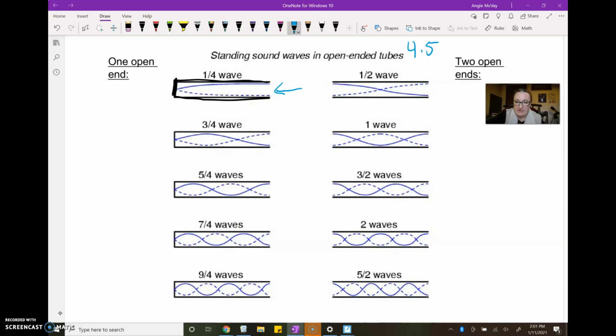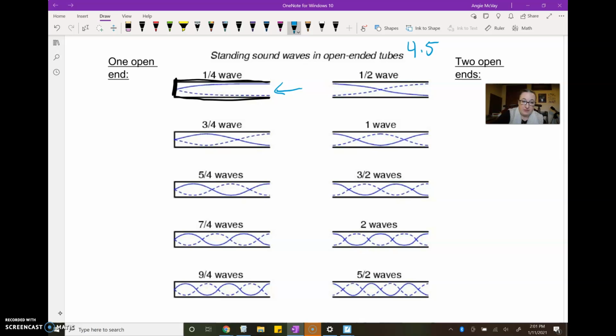Those will fit exactly inside the pipe. Right? What they've got here is a visualization of a transverse wave that is representing a longitudinal wave.